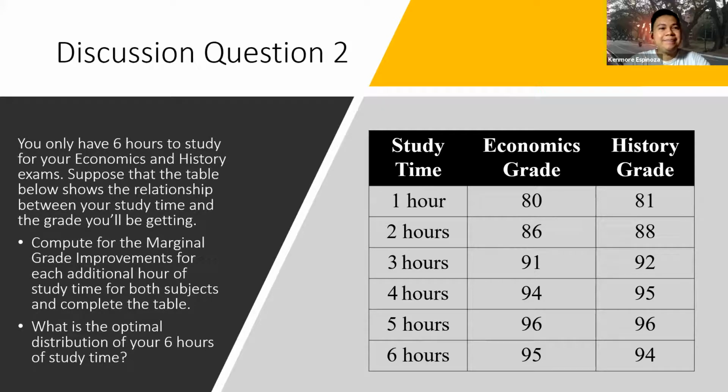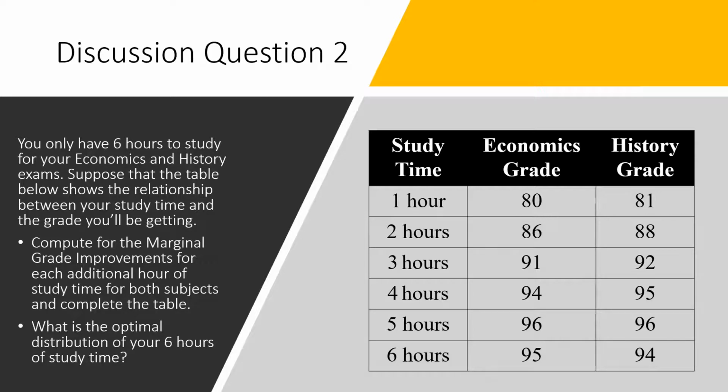Is there anyone? I'll just call. Okay, let's have Hannah. Hello, sir. I don't know if this is the right explanation, but my answer is to allot 3 hours for economics and 3 hours for history.